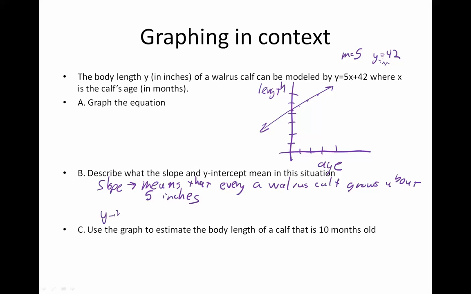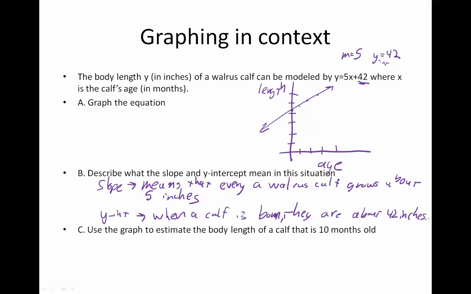What about the y-intercept? Well, the y-intercept is right here when age is 0. So what does age 0 mean? It means that they were just born. So 42 means that when a calf is born, they are about 42 inches.